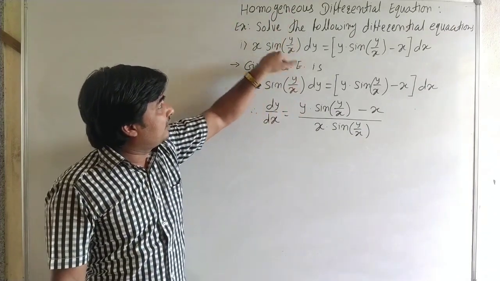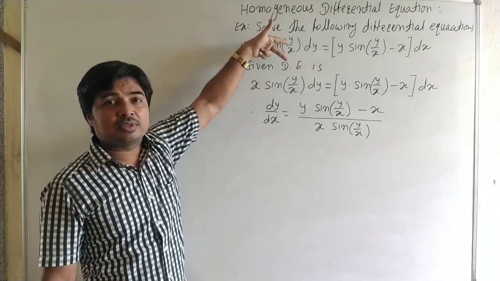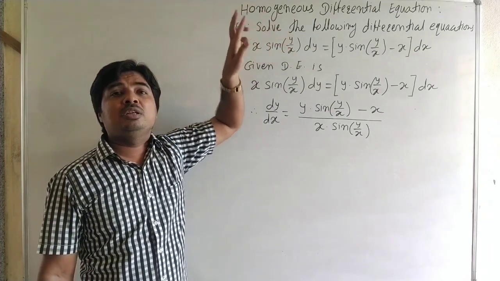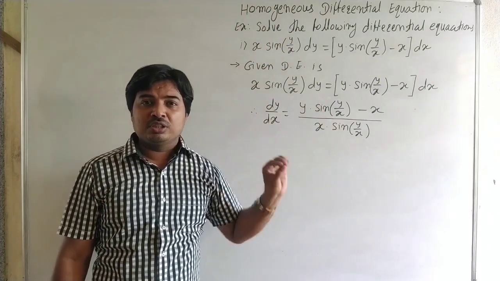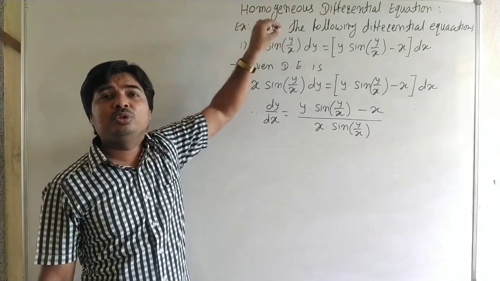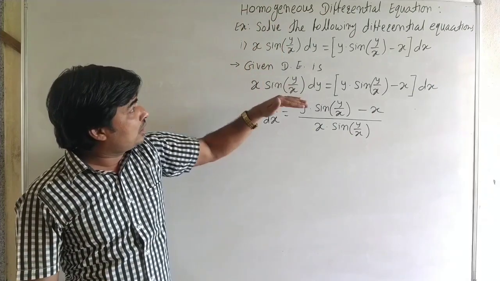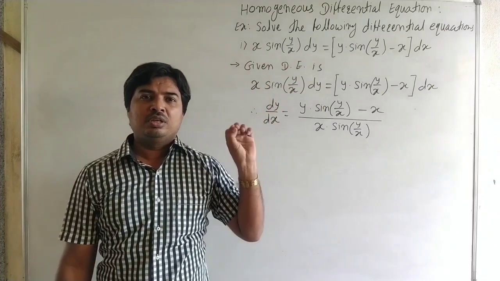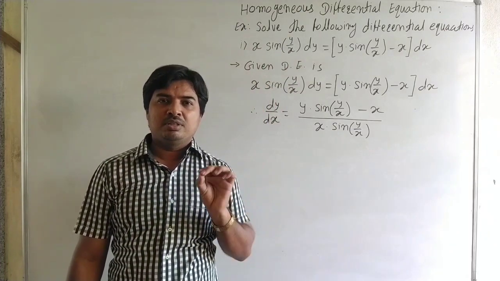Here in the angle there is y by x, two variables, so we reduce these two variables to one variable by using a substitution. That means here we put y by x is equal to u or v. We can solve this example also by the last method, that is, reducing the equation to variable separable form.